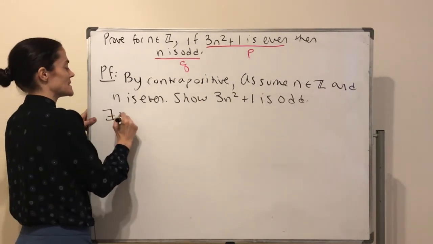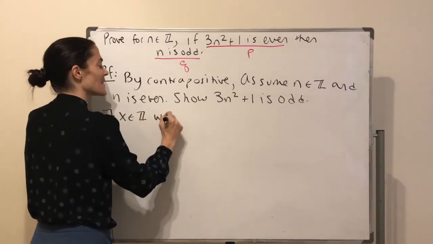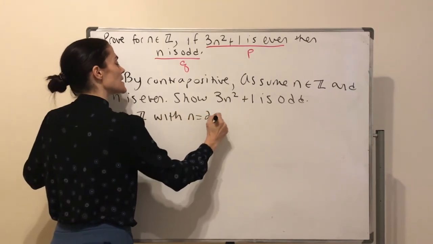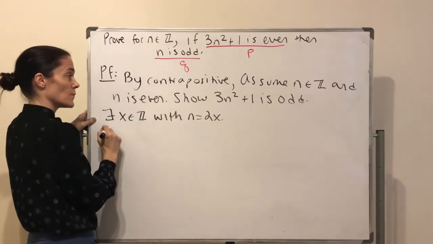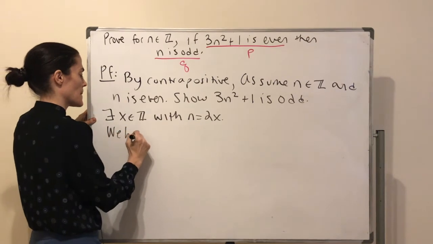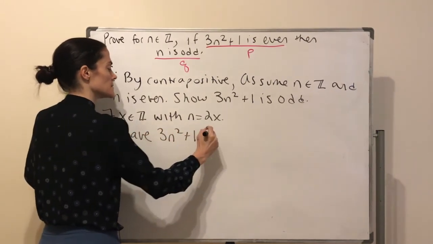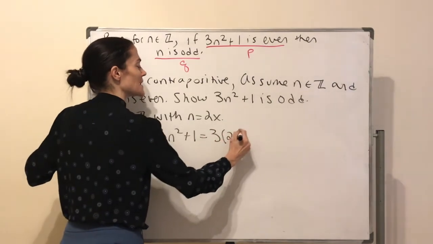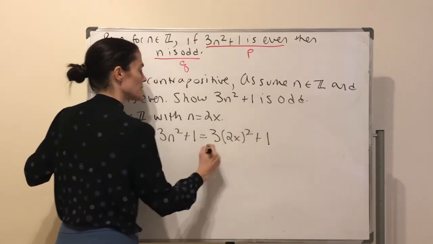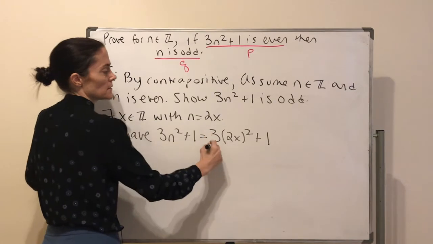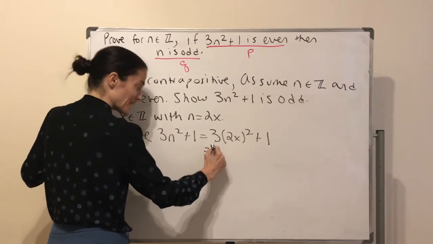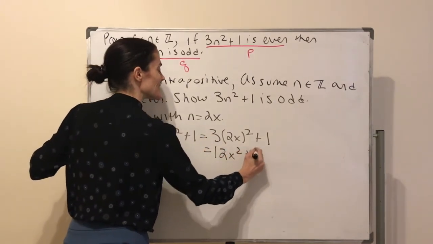Well, there exist x and z with n is 2x, and then we have 3n squared plus 1 is 3 times (2x) squared plus 1. This is 4 times 3 gives me 12x squared plus 1.